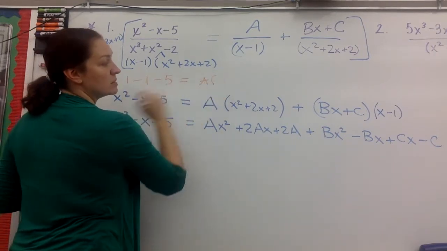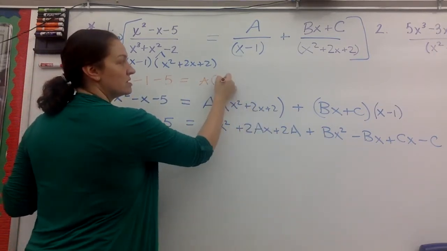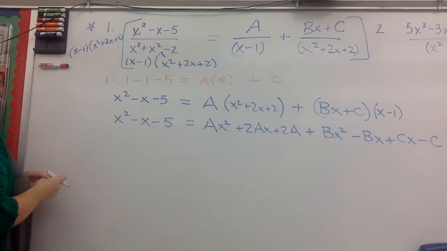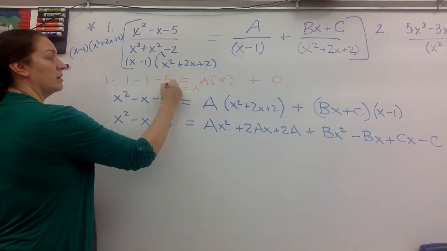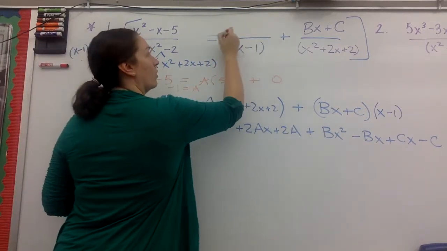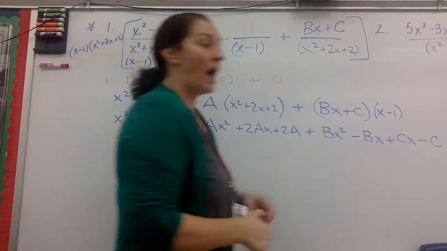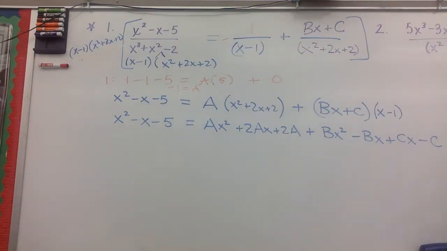A times 1 plus 2 plus 2, which is 5, plus 0. A is equal to negative 1. So this is a negative 1. I only have 1 zero, but I have 3 unknowns. So I'm going to need to do the linear combination method, which is what we were talking about today.